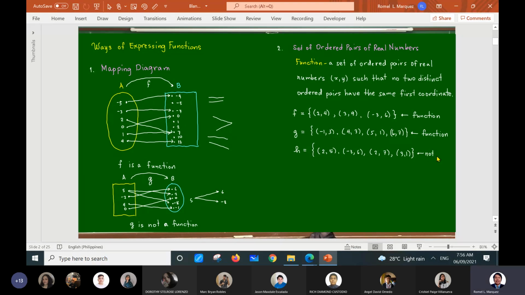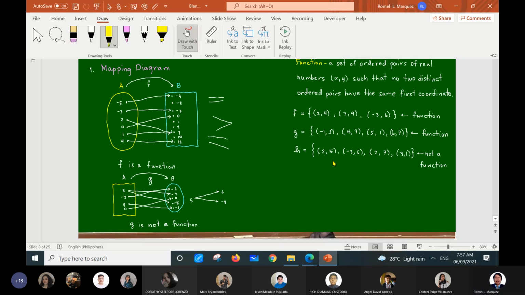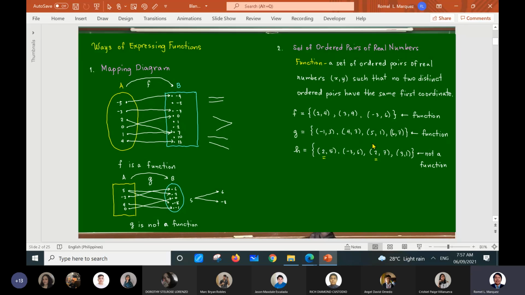Not defining a function. Why is it that this does not define a function? Because of these ordered pairs, so they have the same first element here. Is that clear, guys? They are distinct, but notice they have the same first coordinate. Okay?